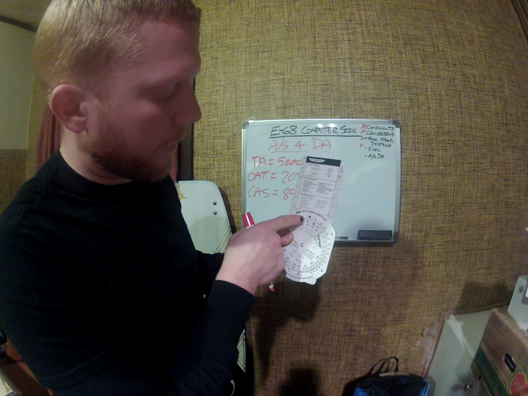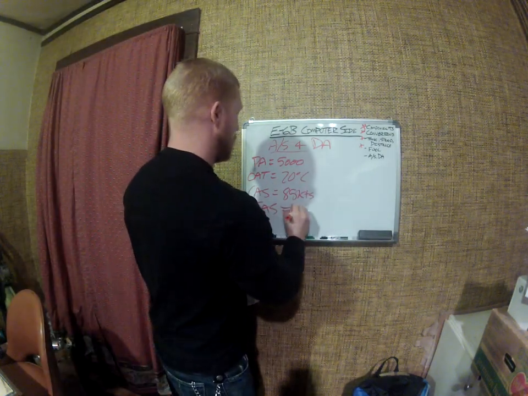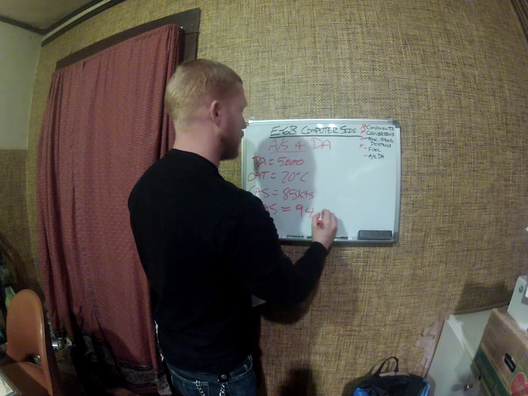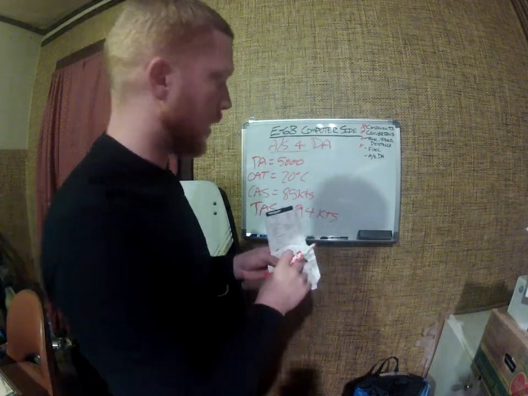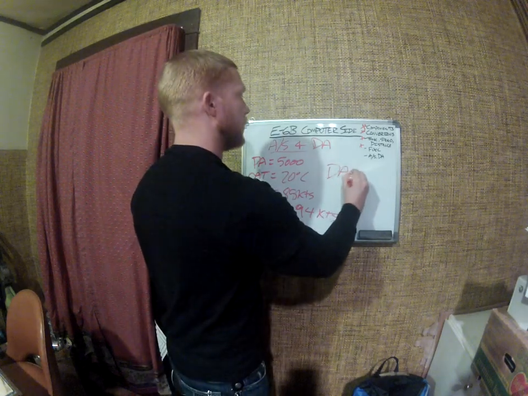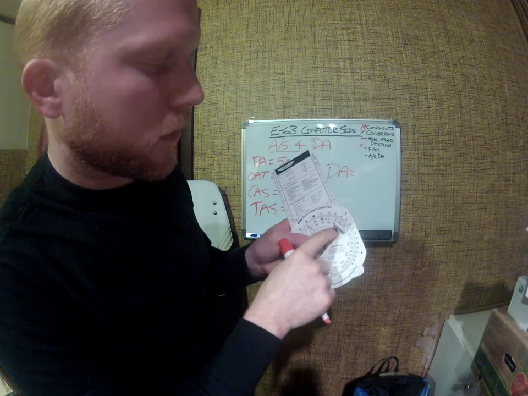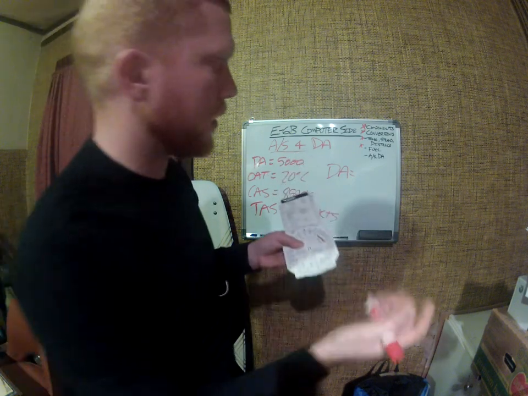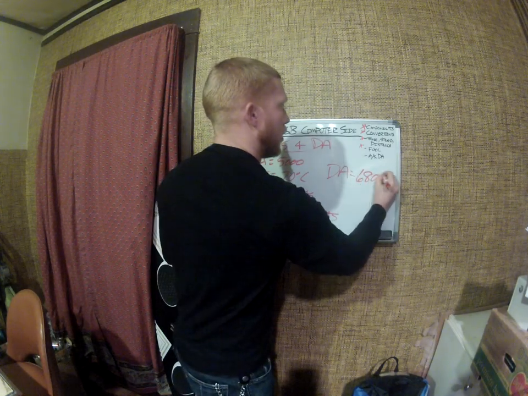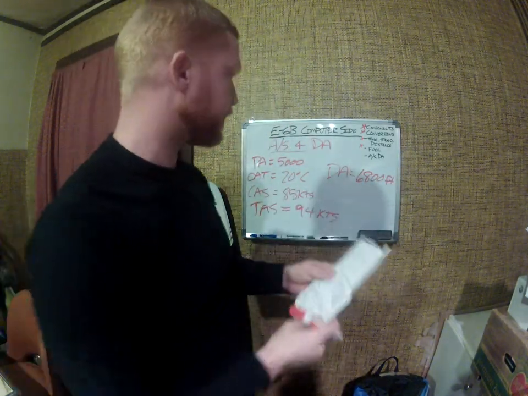So just go up from 85, and that's going to be 94 knots is our true airspeed. And then we're going to read our density altitude here. Under this crow's foot, in our density altitude window, go to this white crow's foot here, and that's just under 7,000, so we'll say about 6,800 feet is our DA for those conditions.